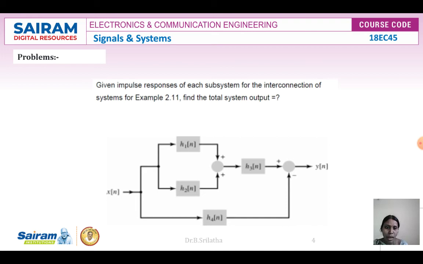Then we need to add: the whole thing is plus and this is minus, which means minus h4 of n is equal to y of n. The total output of the system y of n is equal to h1 of n plus h2 of n, multiplied by h3 of n, and that whole thing we need to subtract h4 of n, because here it is minus. That gives the total system response output.